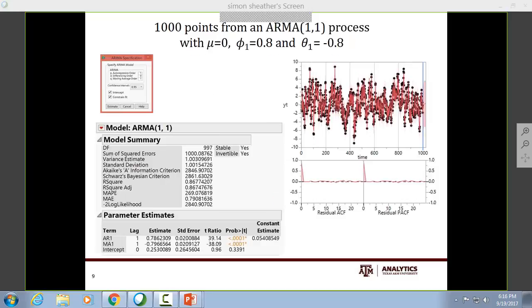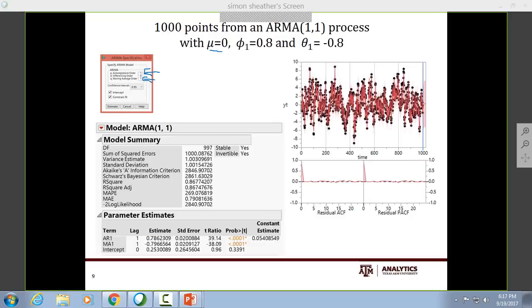So let's fit an ARMA 1,1 process. Here we have to know the truth to know what to fit. We're going to figure out how to do this from the data, and we're going to do that carefully in a series of steps. But to fit one is really easy. You just go to time series in JMP, you put in P equals 1 and Q equals 1 and push go. And notice that we reproduce the parameters really well.